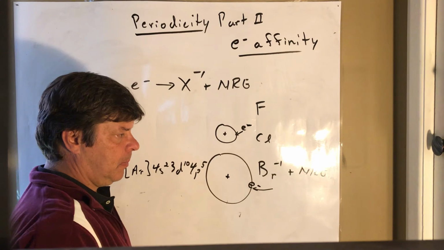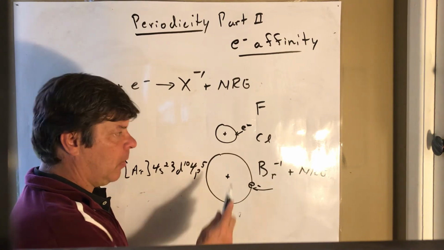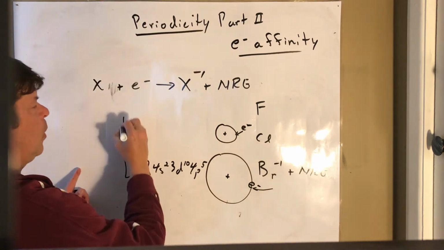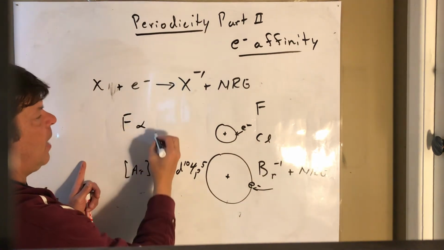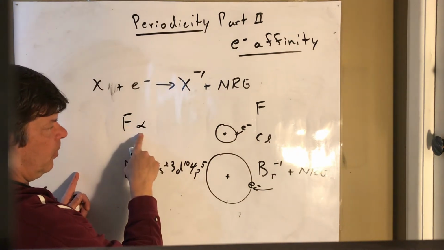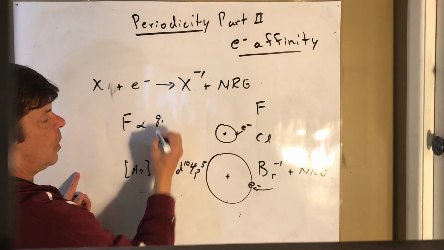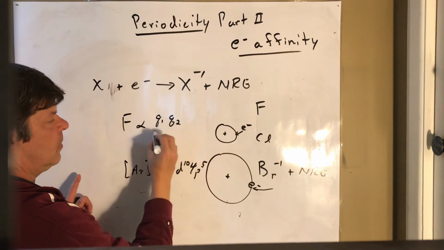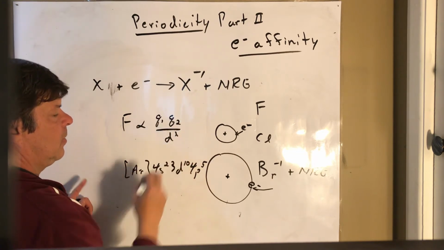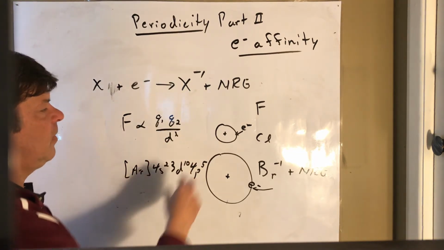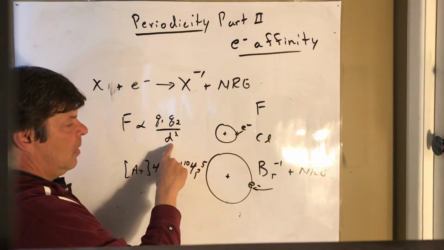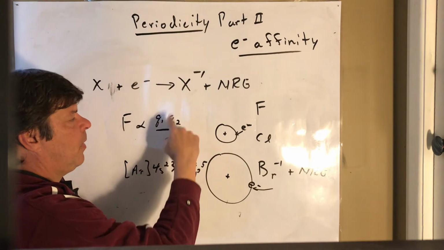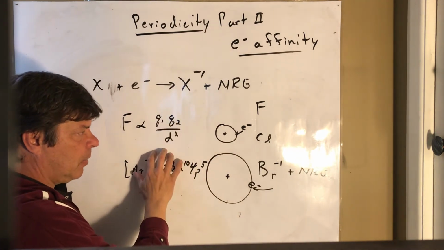Well, it's going to be chlorine. Since the atom's smaller, that electron's going to be close to the nuclear charge. Remember Coulomb's law, force of attraction is directly proportional to the charge of the electron times the charge of the nucleus divided by the distance. So if we decrease the distance, the denominator gets smaller, the fraction gets larger, force is greater.